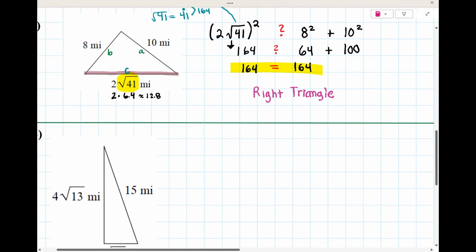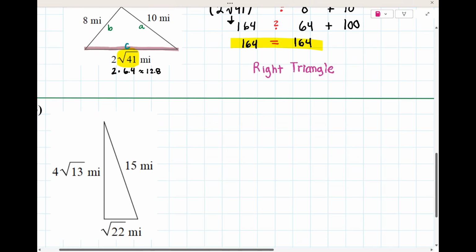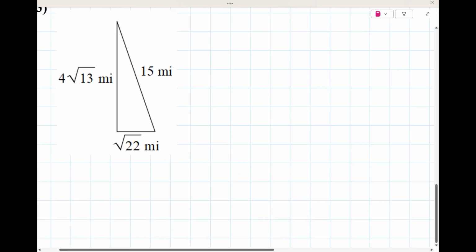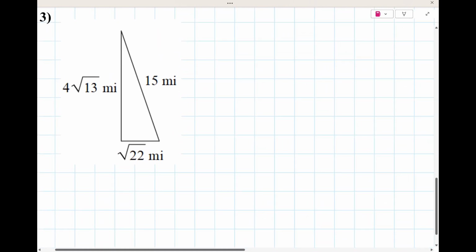All right, let's look at this triangle here. We have two sides that involve some radicals, so I'm going to approximate what their lengths are in decimal form. The square root of 42 is approximately that there.